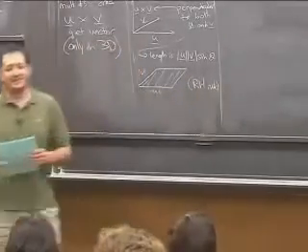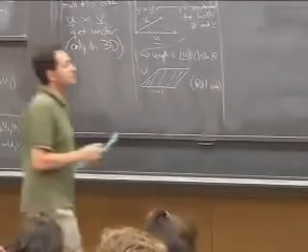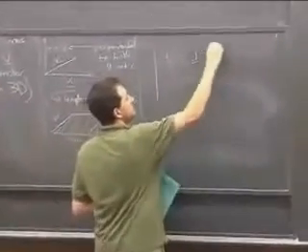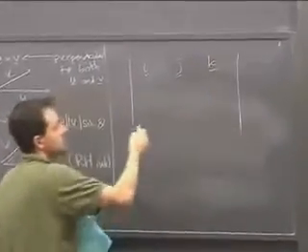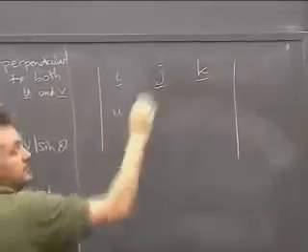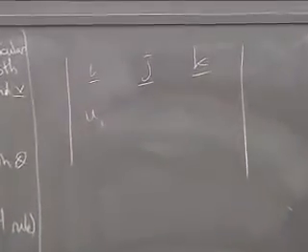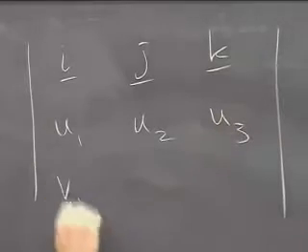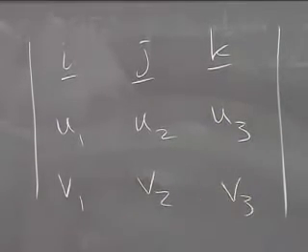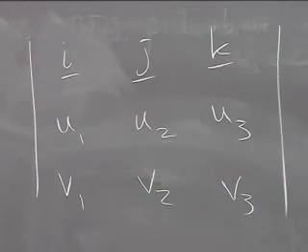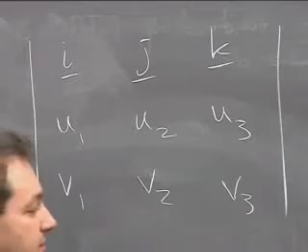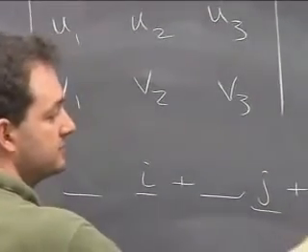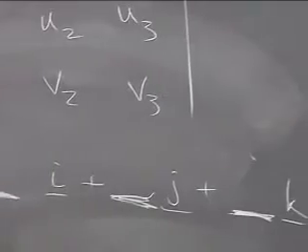Now, the computation of the thing is a little bit messy. You've got to use a 3-dimensional determinant. You put i, j, k as vectors across the top, and then you put the coordinates of u and v below, and you will end up with some multiple of i plus some multiple of j plus some multiple of k, where you fill in the blanks.